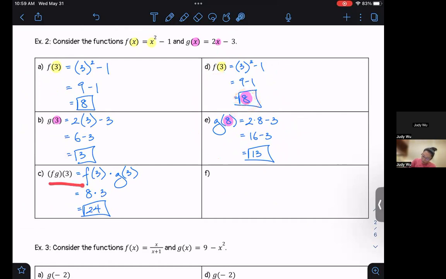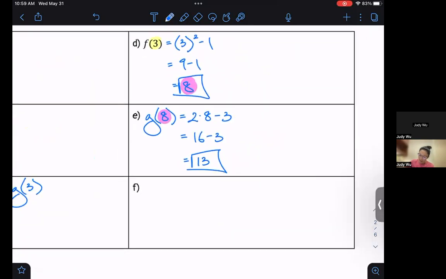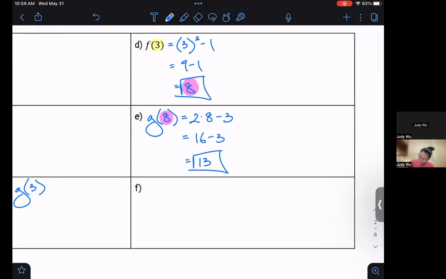So we didn't multiply like we did over in C. The way that we write this with math notation is we say, find f of 3, and once you find that, you put it into the g function. In other words, we found g of 8 to be 13.